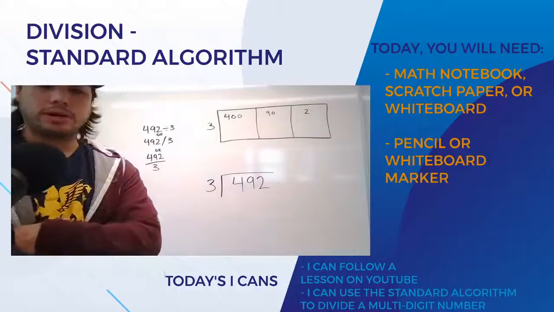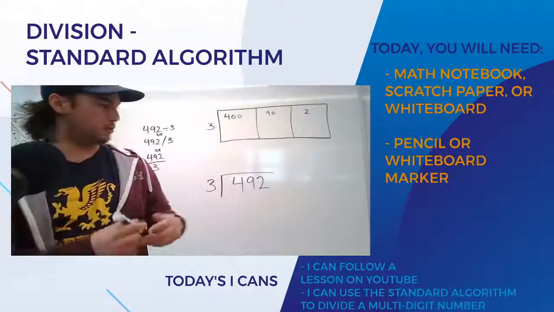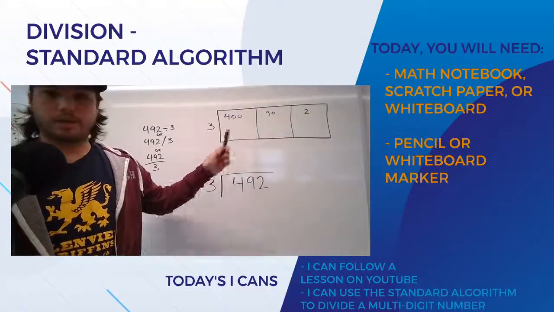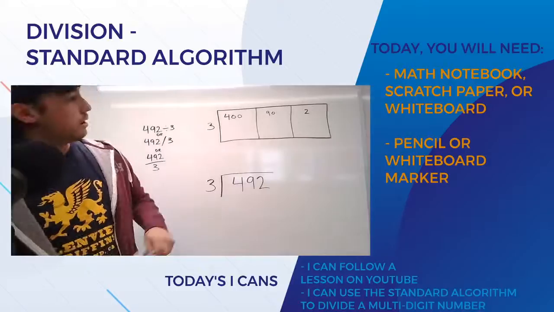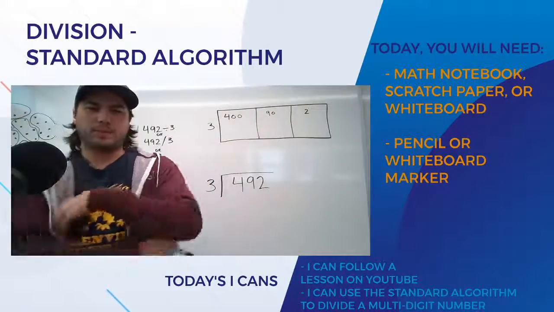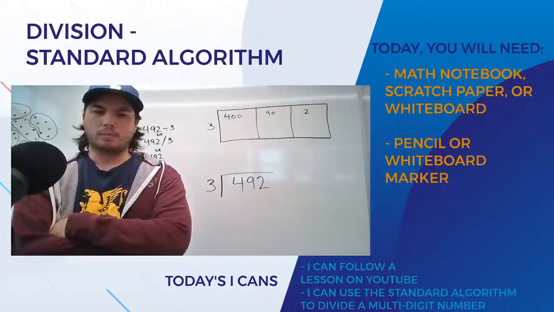So for 492 divided by 3, before we get to the standard algorithm down here, let's take a look up here at our area model. I've gone ahead and given us a start of dividing this up into our place value in expanded form.